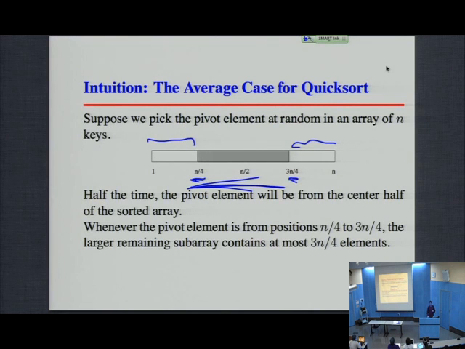How many people are in the middle of the class? As I look at this class of size n, how many people are in the middle? n over 2. Now suppose I randomly close my eyes and I pick one of you here. What's the probability that you are in the middle of the graduating class? It is going to be 1/2.